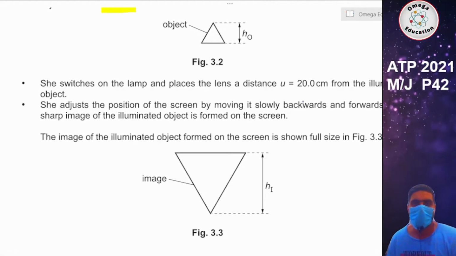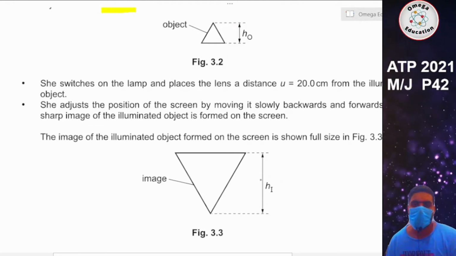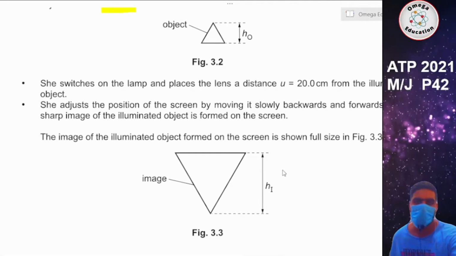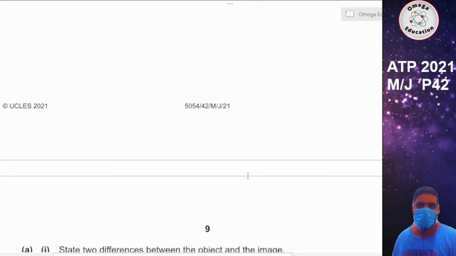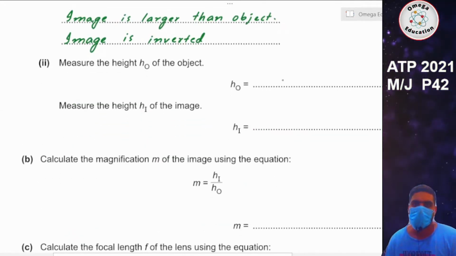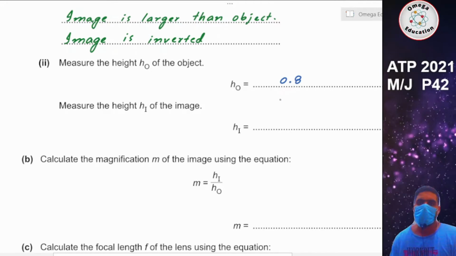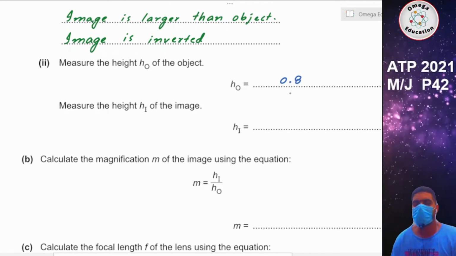So we quickly have a go at measuring the distance h0 with the help of a ruler and hi with the help of a ruler in centimeters. And what do we get from there? Alright, so on our sheet of paper, it is 0.8 centimeter.